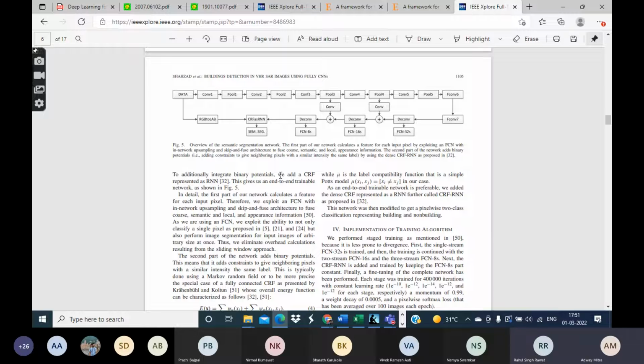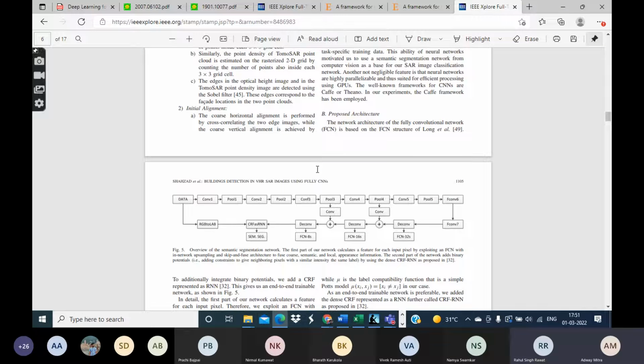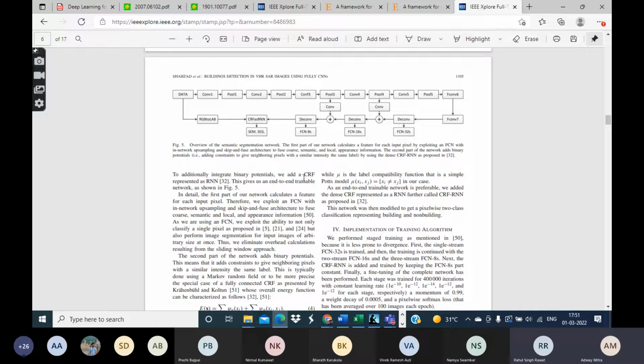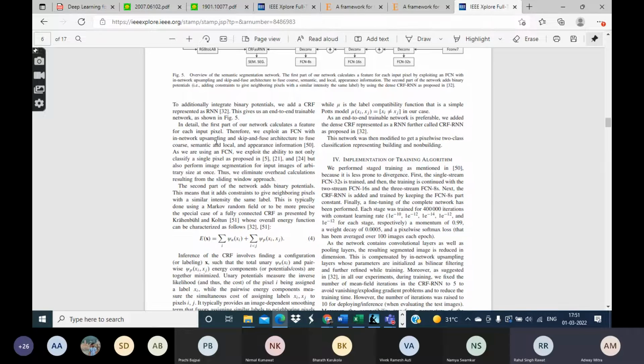To additionally integrate binary potentials, we add a CRF represented as an RNN. This gives us an end-to-end trainable network. So in general, the CRF is not a neural network, but they are mixing the convolutional neural network and the CRF.